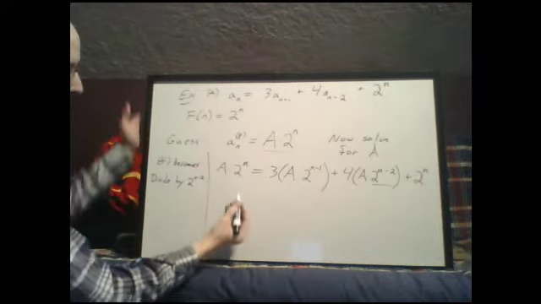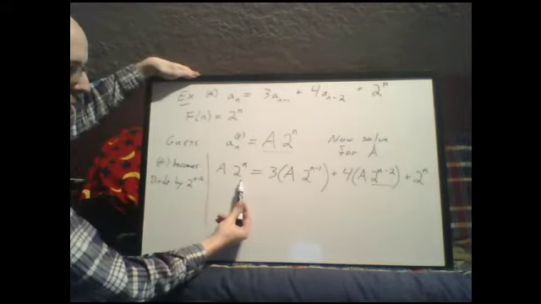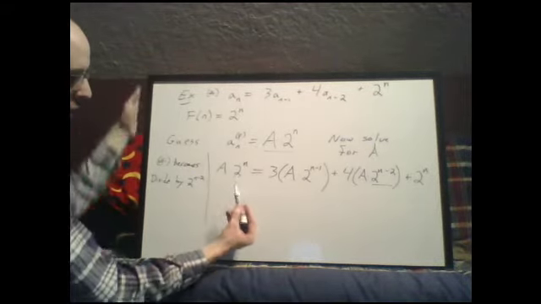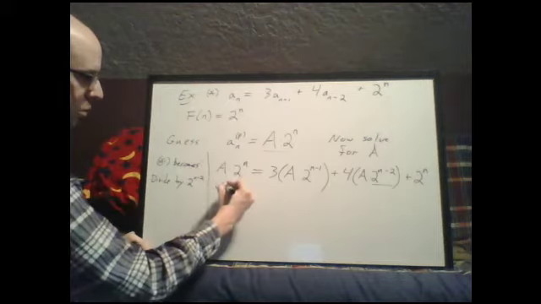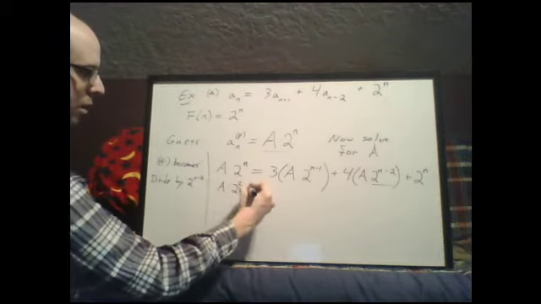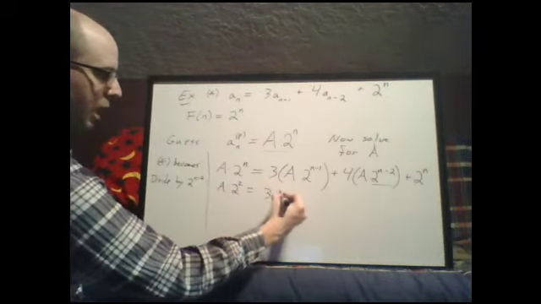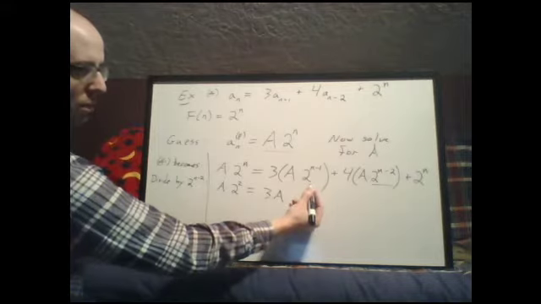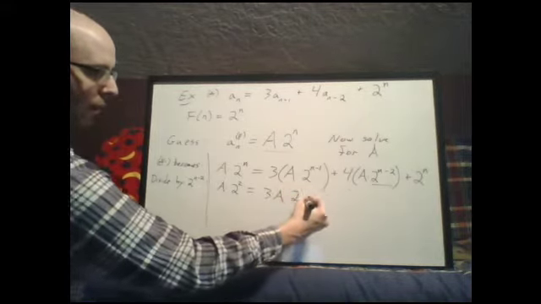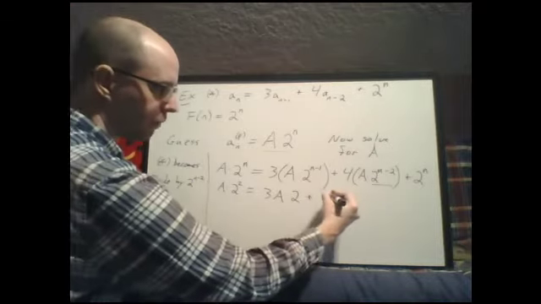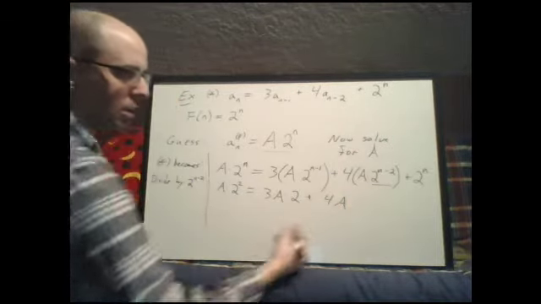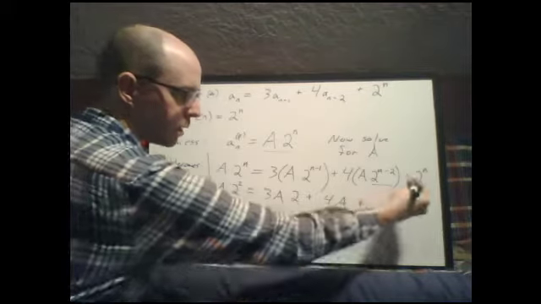So if I do that, I'm going to be left with 2 squared here. So that'll be a times 2 squared equals 3 times a. This divided by 2 to the n minus 2, I'll still have 1 2 left over. Here I'll have 4a, and all my 2's are gone, plus 2 squared.